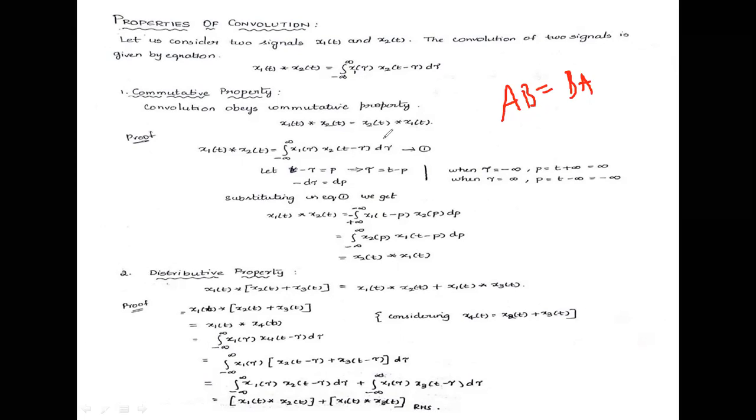We are changing the integral limits from tau limits to p limits. In this, tau and p are variables and t is a constant. So d tau is equal to minus dp.